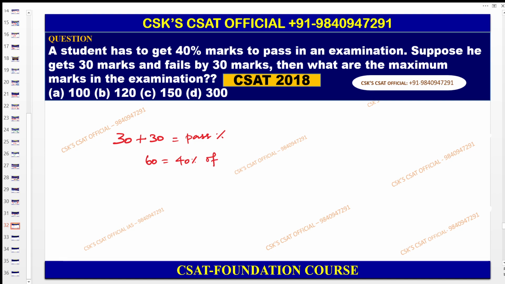For 40% of maximum mark, then maximum mark is equal to cross multiply 60 into 100 by 40. You can cancel this here, right? 0 0 cancel here, then 25 times here, 6 into 25 is equal to 150. So the maximum mark here is 150.